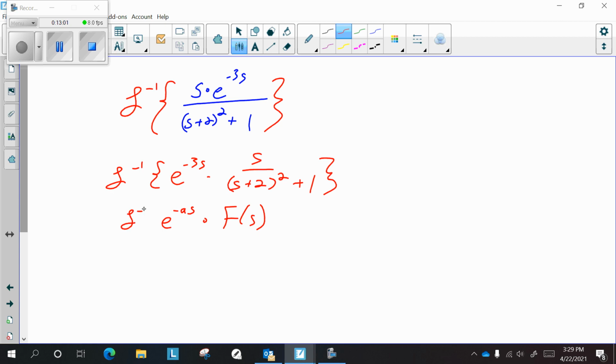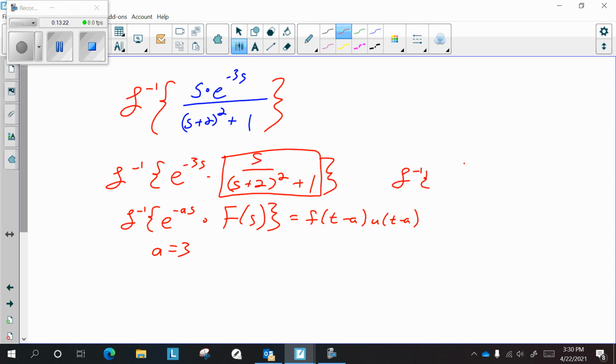So remember, if we're transforming that, what does that transform into? That transforms into f of t minus a, u of t minus a. So our a is 3. We need to find out what is the inverse Laplace of that function. We need to inverse Laplace s over s plus 2 squared plus 1. That will give us f of t, and then from there we can get f of t minus a.